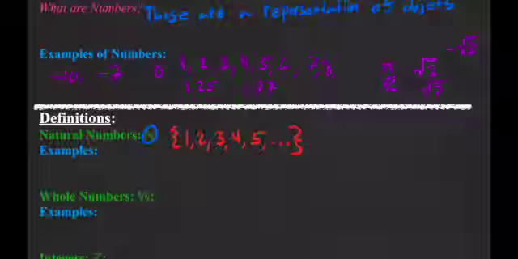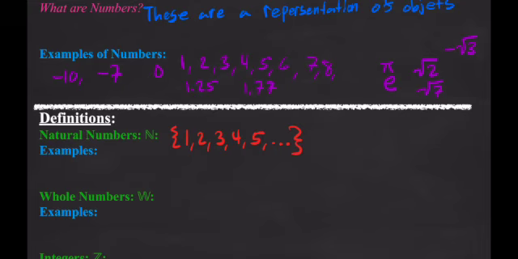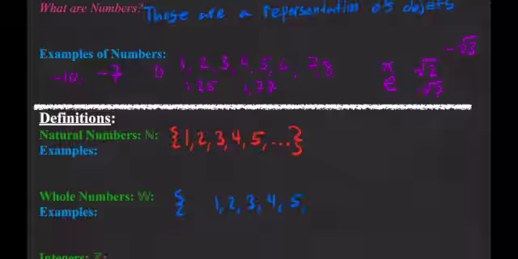Whole numbers. Whole numbers are very, very similar to natural numbers. Okay, we're finding stuff in common. Whole numbers, like the natural numbers, they also have 1, 2, 3, 4, 5, and so on.